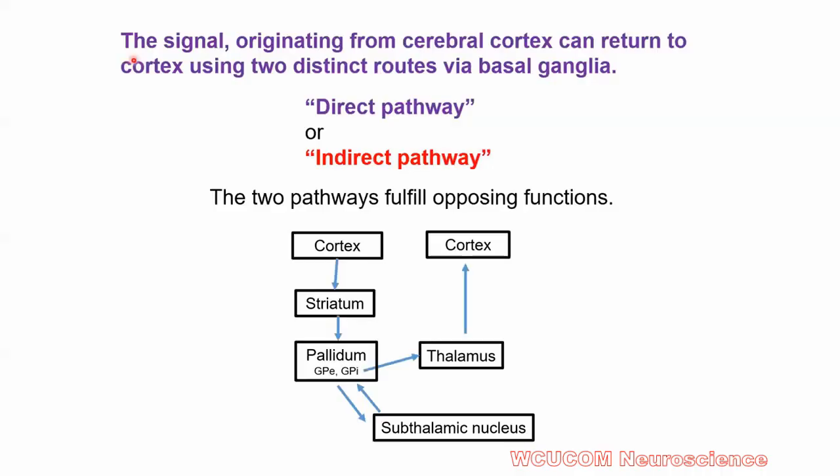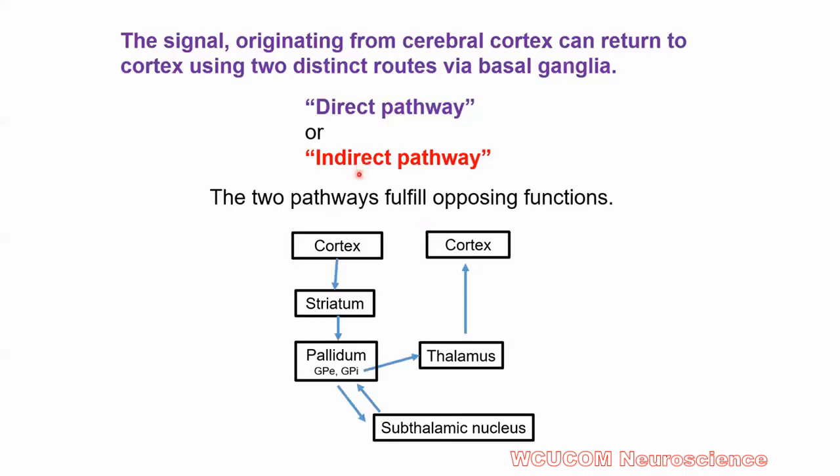Nevertheless, we have arrived at one of the most important slides in this presentation. We need to recognize that the signal originating from cerebral cortex can return to cortex via two distinct routes. One is the so-called direct pathway, stimulating the expression of motor programs, and the other one is the so-called indirect pathway, which does the opposite.